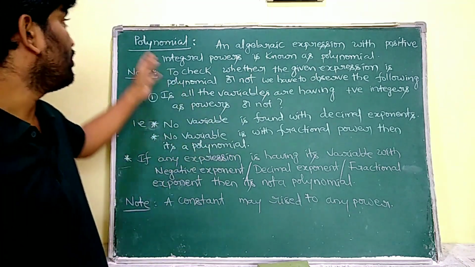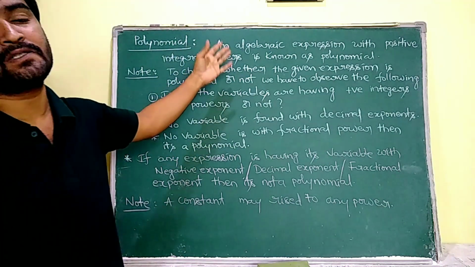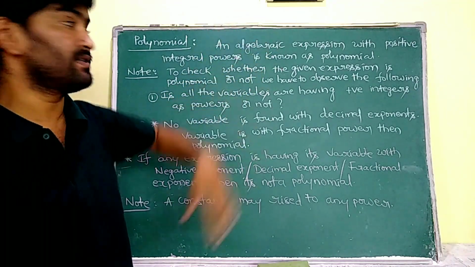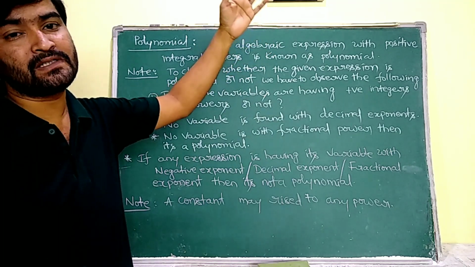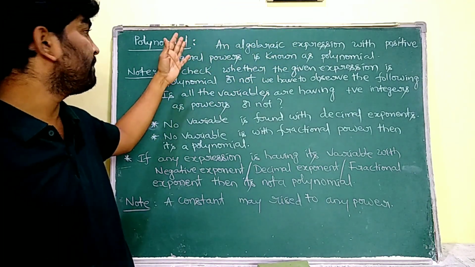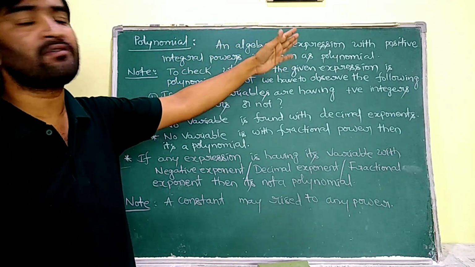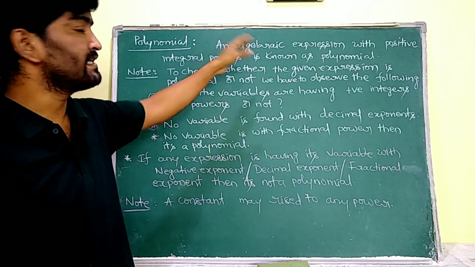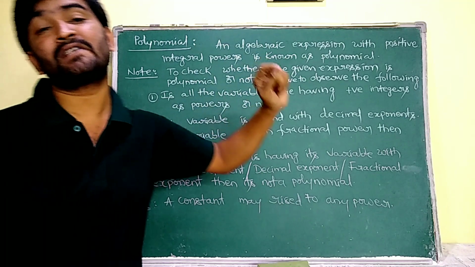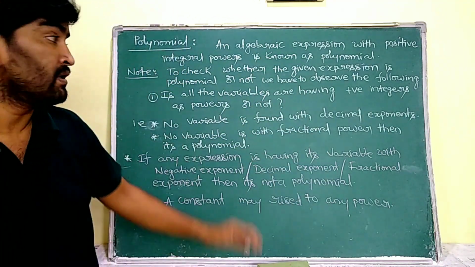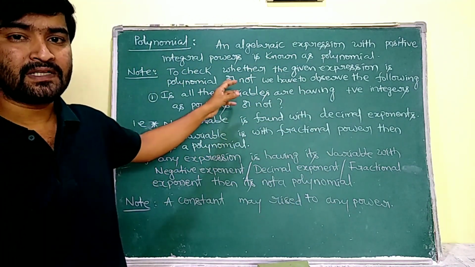See, a polynomial means an algebraic expression with positive integral powers. Okay, so an algebraic expression which has its variables' powers as positive integers is known as a polynomial. To check whether the given expression is a polynomial or not, we have to follow 3 things.